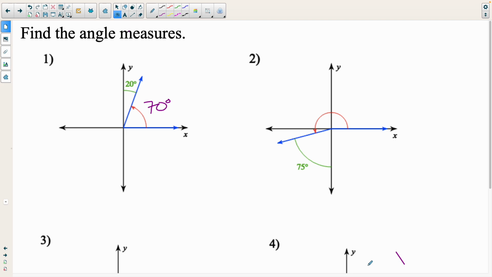Some people, their mind goes right to it. Or you can just build up. This is how my mind would do it. I see 75 here. I know that 15 has to go in here to make 90. And then I know that that's 180, from one side to the other. So my brain just tends to build up, but you can go either way. Whatever comes easiest to you is the way I usually want to do this. See if you can do the next one, and then just hang tight for a sec.